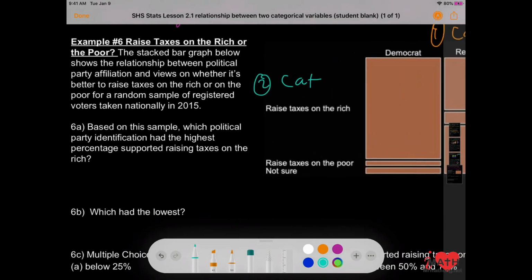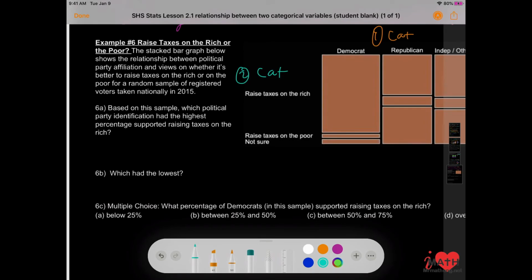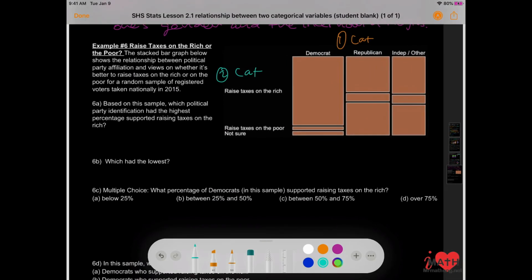All right, example 6 says, raising taxes on the rich or the poor. The stacked bar graph below shows a relationship between political party affiliation, so that's up here in orange, and views on whether it's better to raise taxes on the rich, over here in blue, or on the poor, for a randomly sampled group of registered voters taken nationally in 2015.